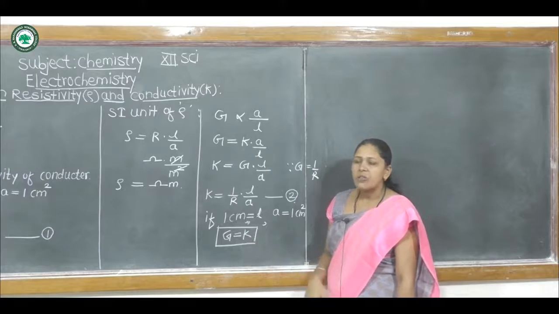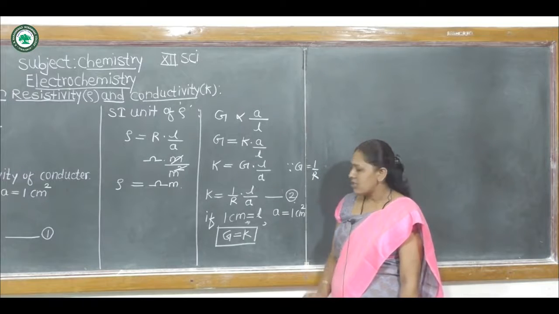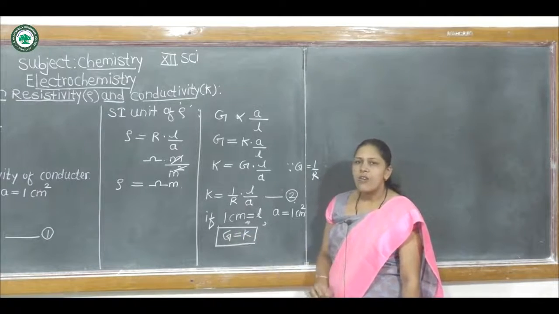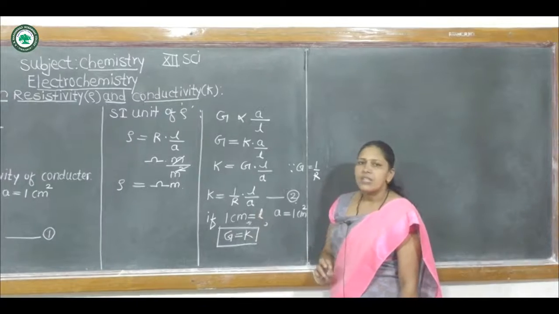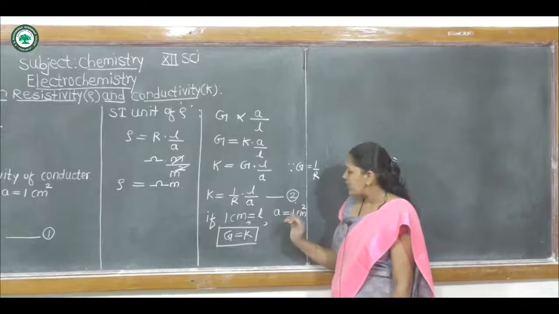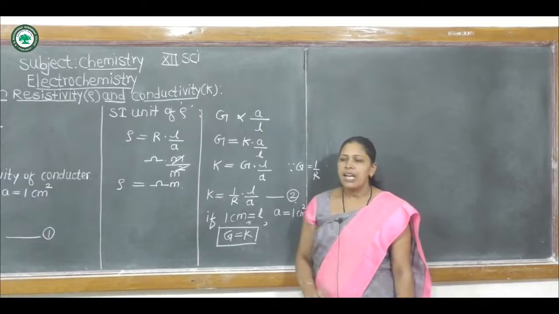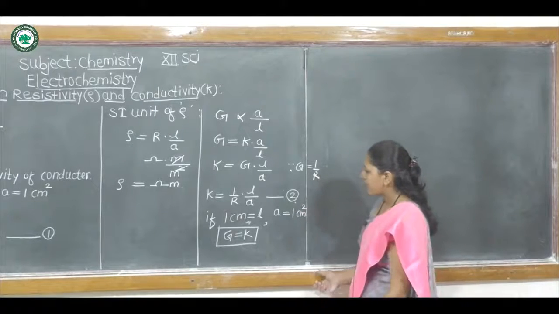Conductivity of electrolytic solution is the conductance of a solution having 1 centimeter or unit length and unit area of cross section.